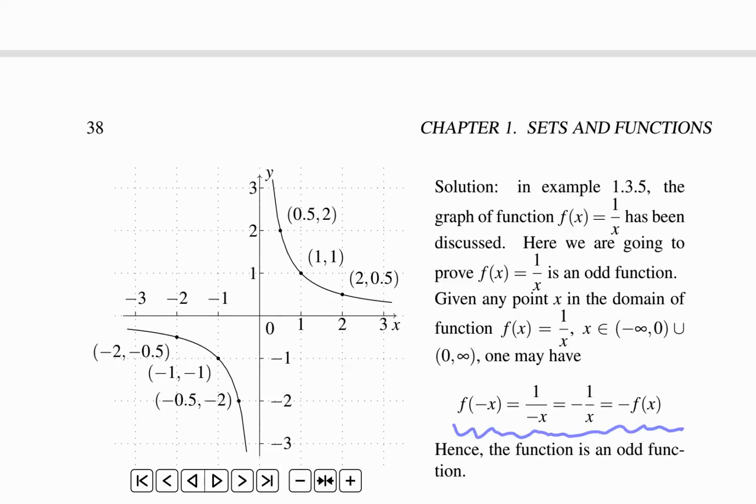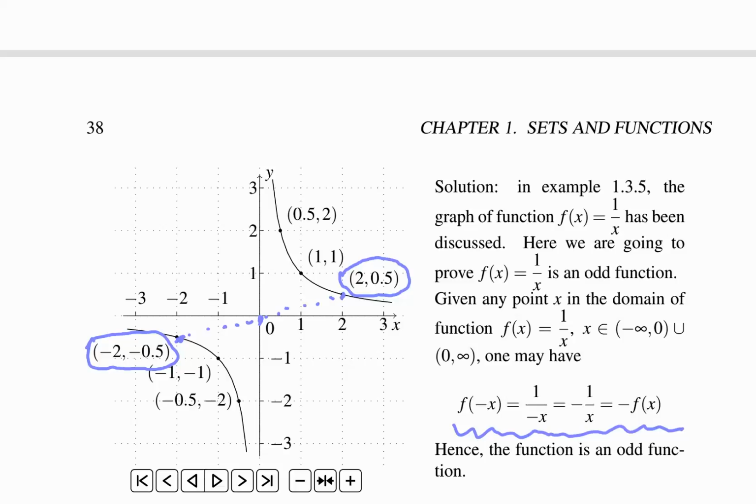Okay, and we said that we have calculated f of 2 was 0.5, f of negative 2 was negative 0.5. Basically, we have 2 points on the graph. When you connect these 2 points, you will see those 2 points are symmetric with respect to the origin.